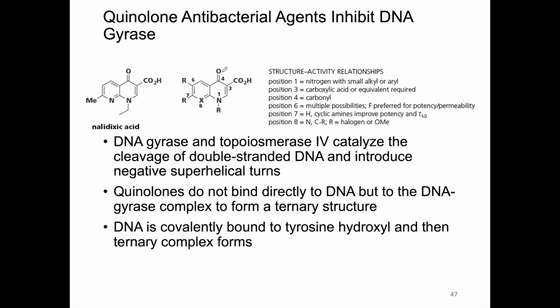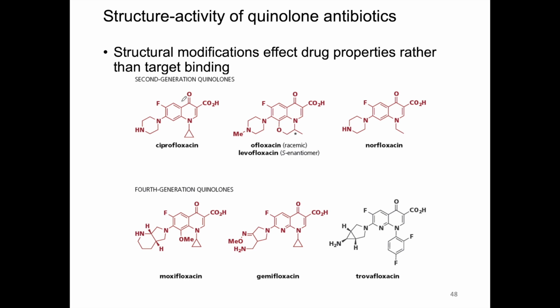The carboxylic acid and the carbonyl group are always present. The R functionality at position 6 is almost always a fluorine in the more active drugs, and then R7 is where there is a greater diversity in structural modification. And so some of those examples are shown on the next slide. Some second generation quinolones or fluoroquinolones, as they're shown.